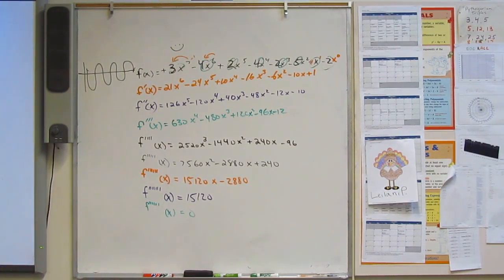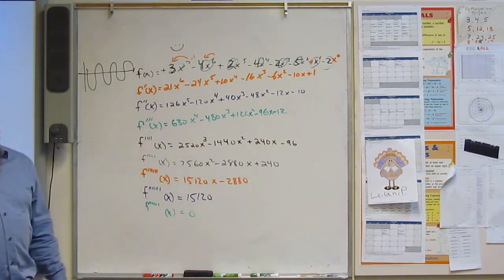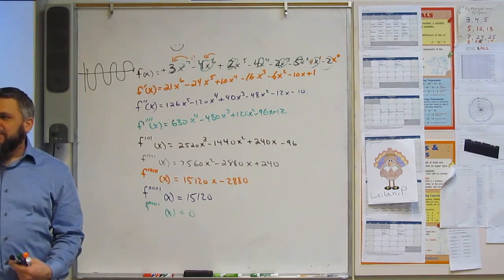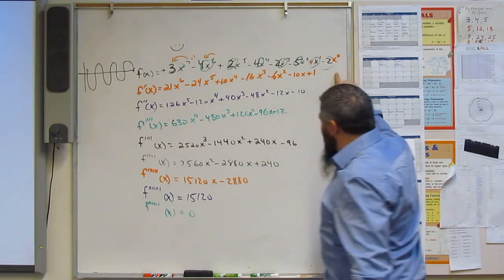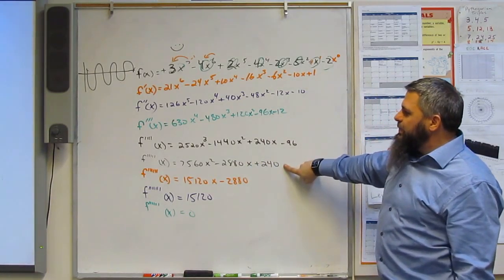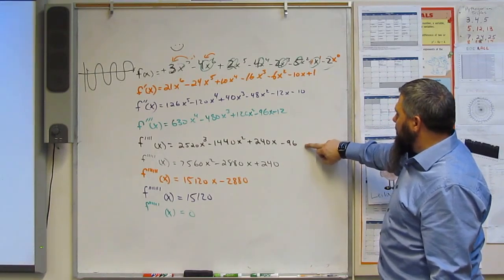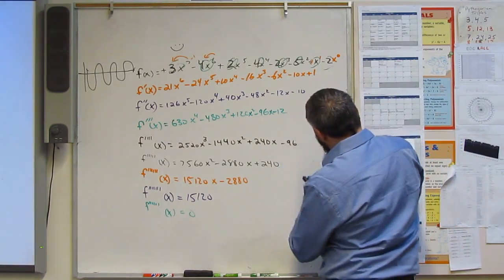Okay? So we need some rules. And the biggest rule is, we need to know what kind of polynomials we're dealing with. From here down to here, we call these polynomials. Actually, from here up to here, these are all polynomials.